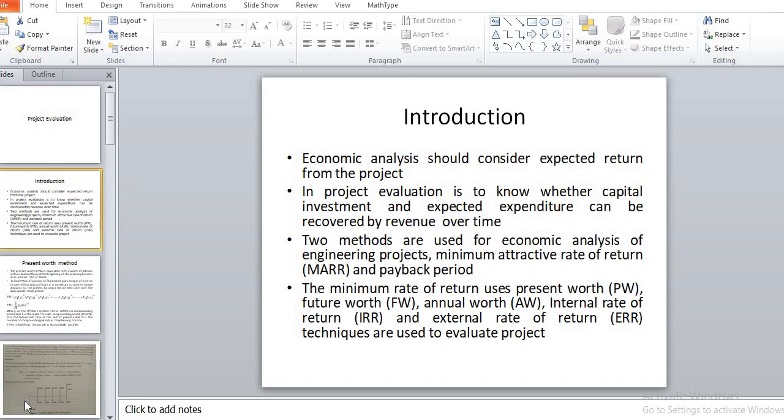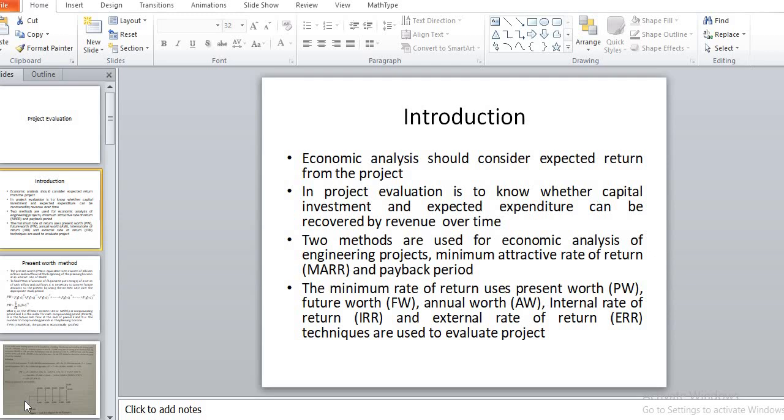In the minimum attractive rate of return approach, we consider present worth, future worth, annual worth, internal rate of return, and external rate of return. These techniques we use to evaluate the project in the MARR method, and then we judge whether the project is acceptable or not acceptable.